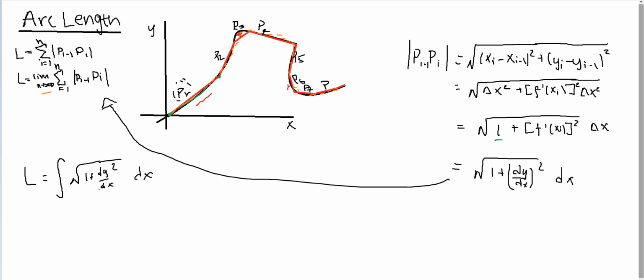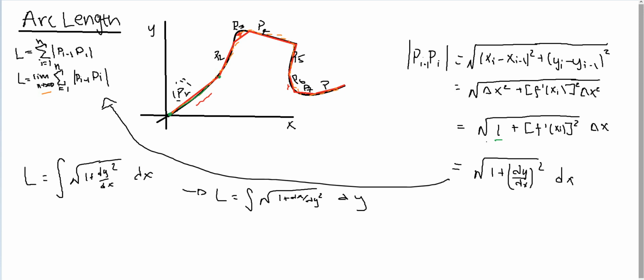So our arc length formula is going to equal the integral of the square root of 1 plus (dy/dx) squared dx when we're dealing with x, and it's also going to equal the integral of the square root of 1 plus (dx/dy) squared dy with respect to y.